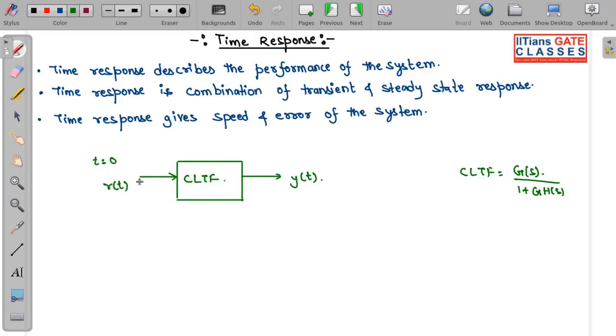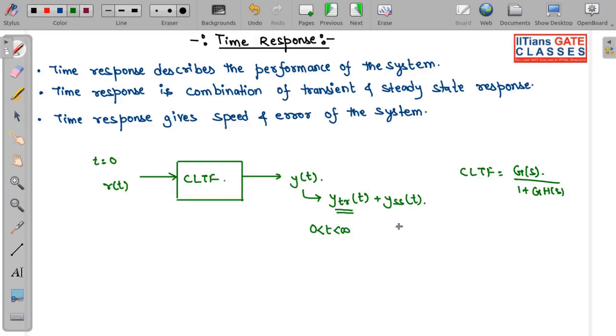input. Now this output basically has two parts. One is the transient part, another is the steady state part. What is the transient part? The output that we get after the application of input till t tends to infinity is the transient part of the output.